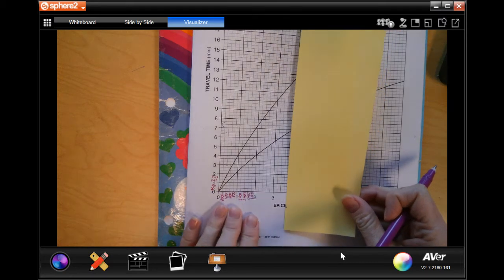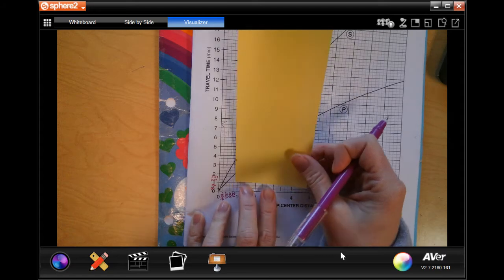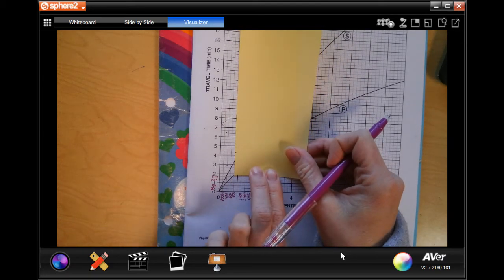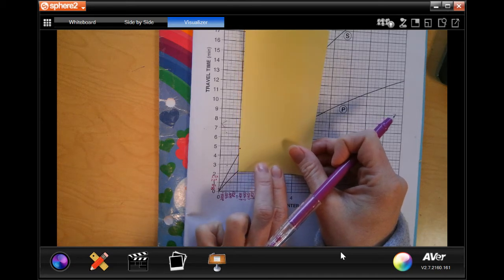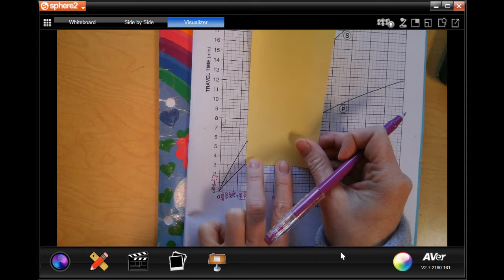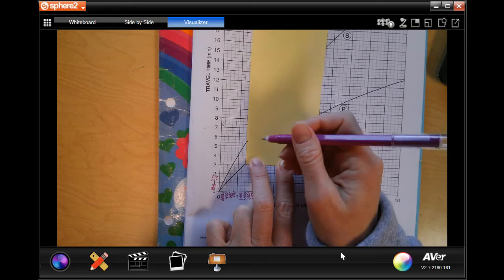So what we're going to do is take our magic paper and lay the lower corner against the P wave. And then we're going to slide our paper over to the right until we get that 2 minute and 35 second difference.